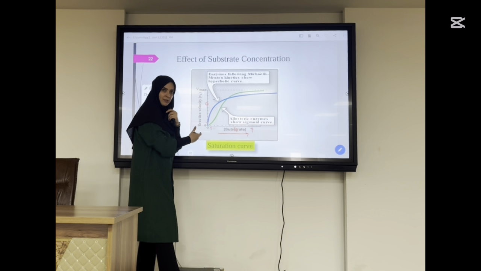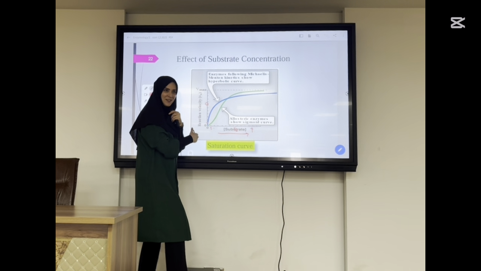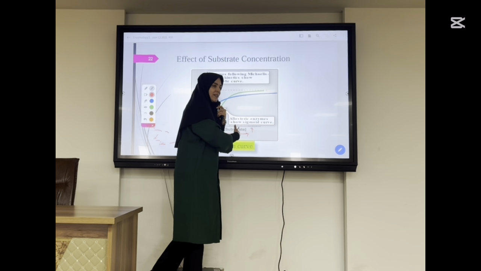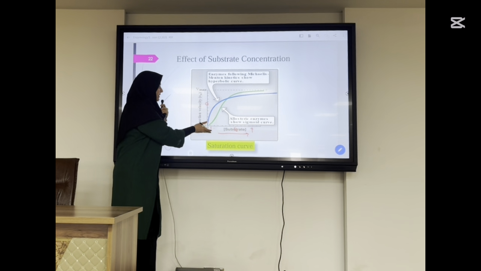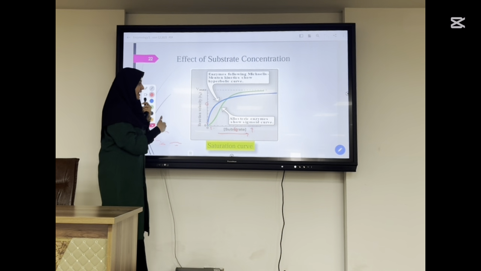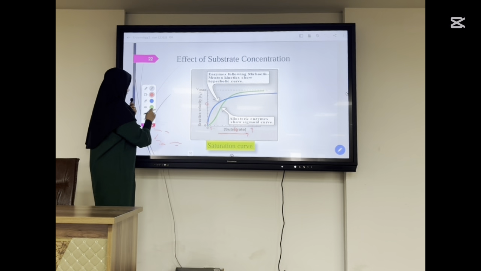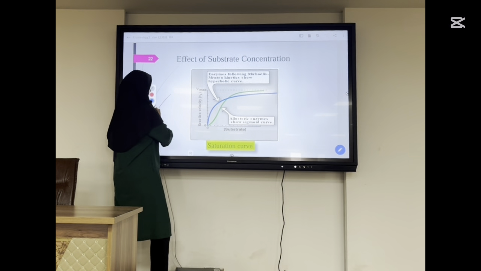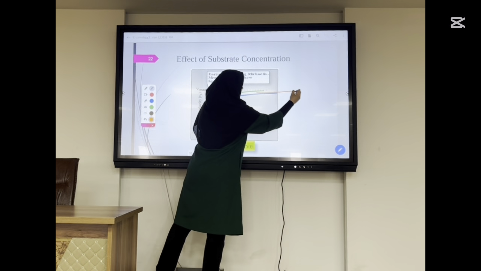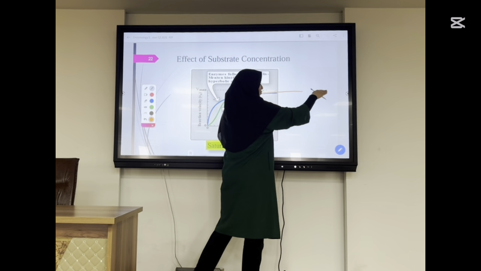Gradually, step by step, when you add substrate, the rate of reaction increases. But as you can see here, when I add more substrate, we reach a plateau.